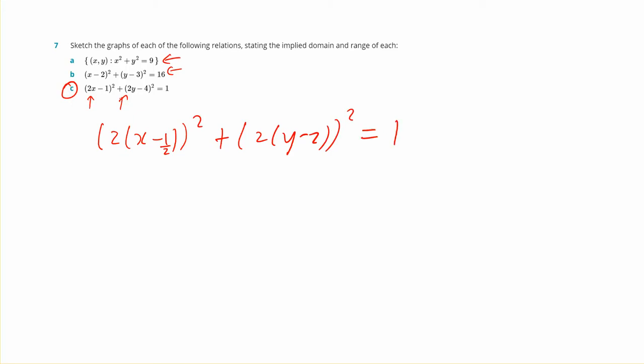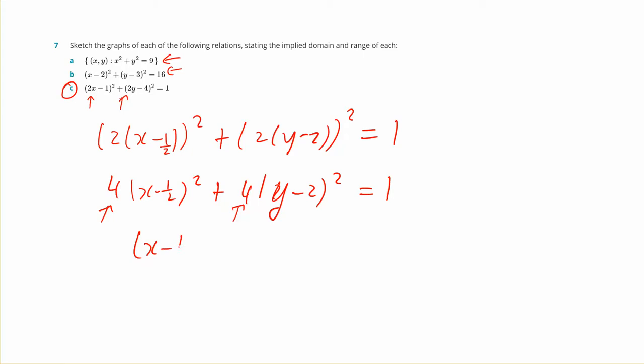Now, in order to take the 2 out of the brackets, I have to square it. So that becomes 4 times (x minus a half) squared plus 4 times (y minus 2) squared equals 1. I need to get rid of the 4, so I'm going to divide every term by 4.